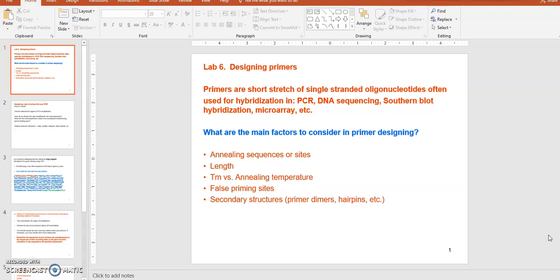So how do you eliminate those random bindings? You eliminate them by providing the primer binding condition at a higher temperature. If you use a higher primer binding temperature, let's say the melting temperature was 60 degrees and you decide to use 55 degrees Celsius as your primer binding temperature, what's going to happen? At 60 degrees, your primer would not bind at all.